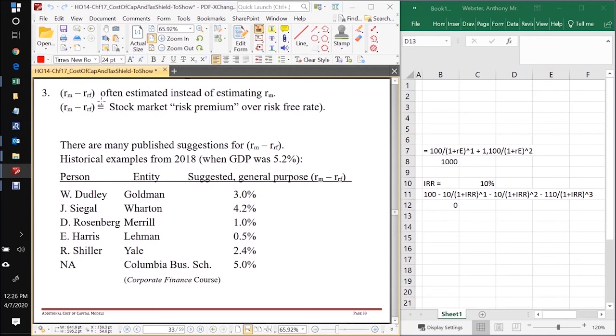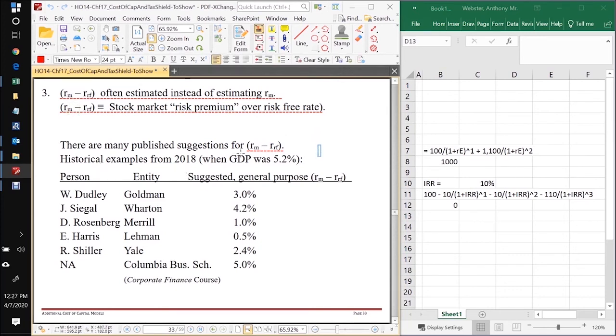A lot of folks who use CAPM just try and estimate this directly instead of estimating the market return and then subtracting. This is called the stock market risk premium over the risk-free rate. Because so many people use this instead of computing it individually and subtracting, it's good to know what people think of it and how they use it.